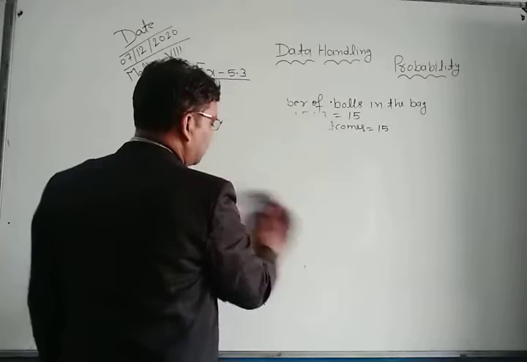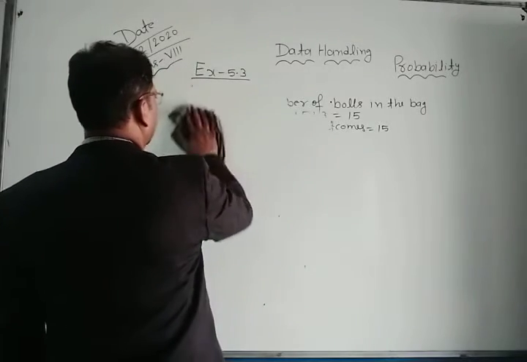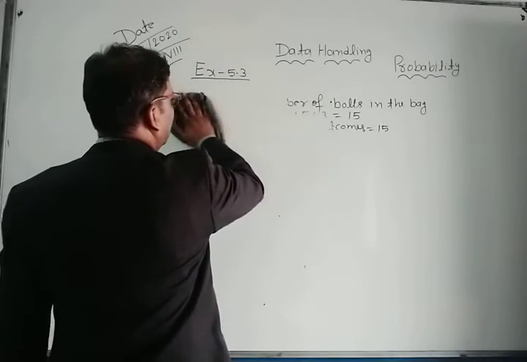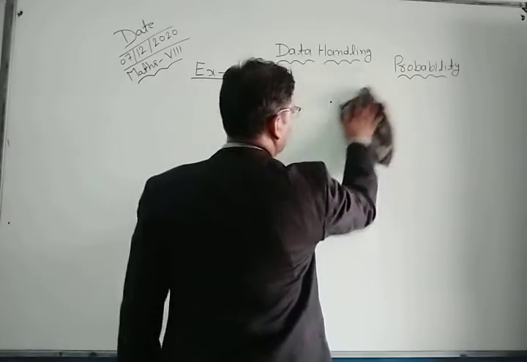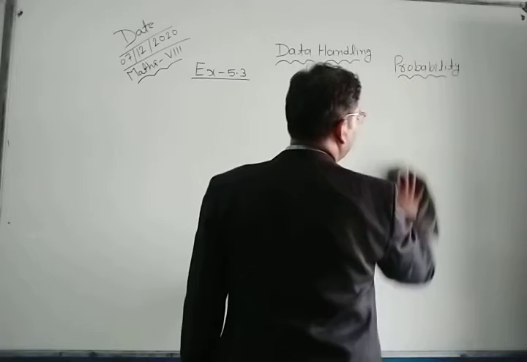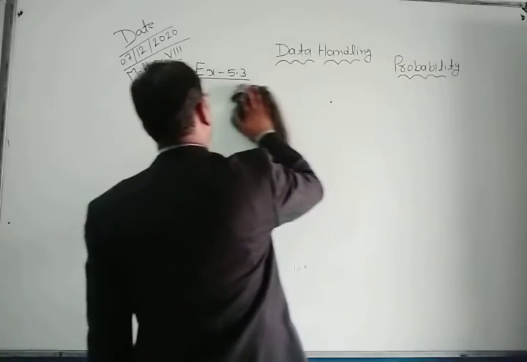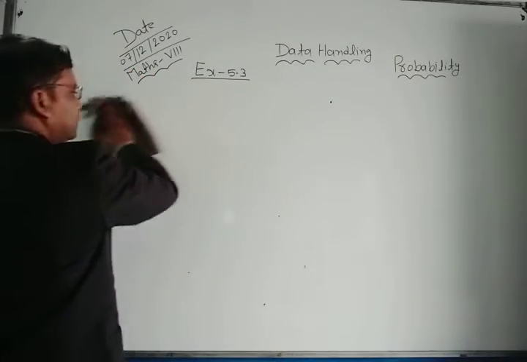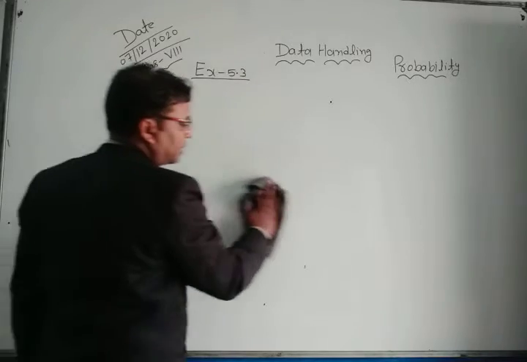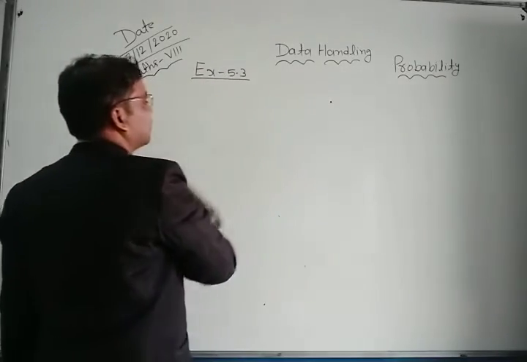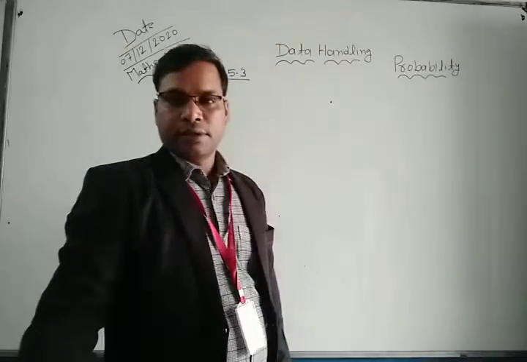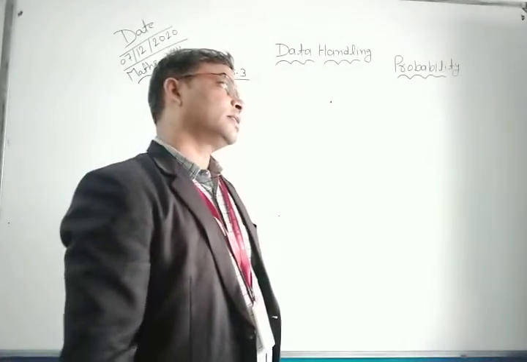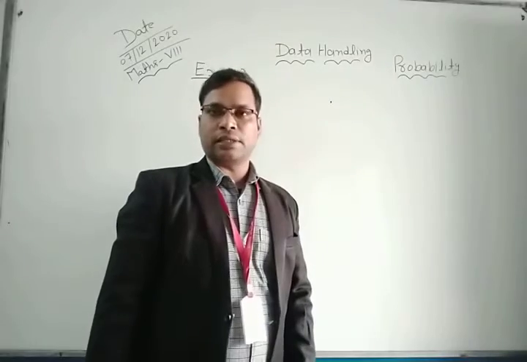Now, a card pack has 52 cards and it has 2 colors, red and black. 26 cards are red and 26 cards are black. The whole pack has 12 face cards, 13 spade cards, 13 diamond cards, 13 club cards, 13 heart cards.